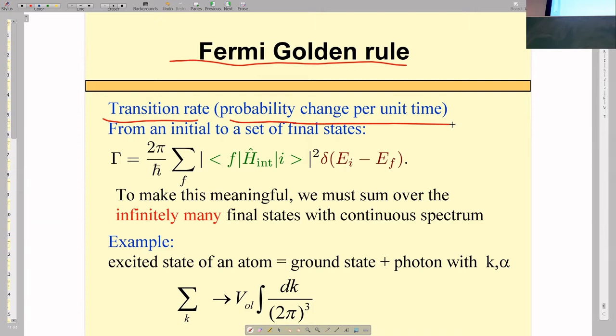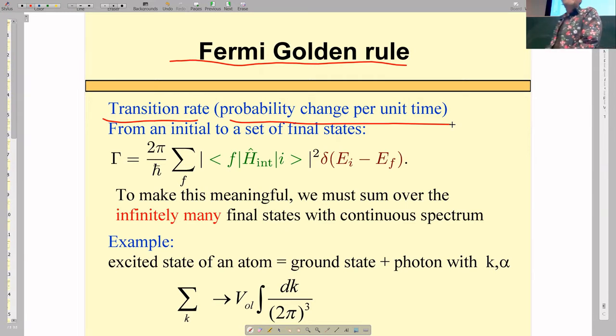So it's really a literal translation of the word rate in the Dutch language into physical content. Probability per unit time. Good.